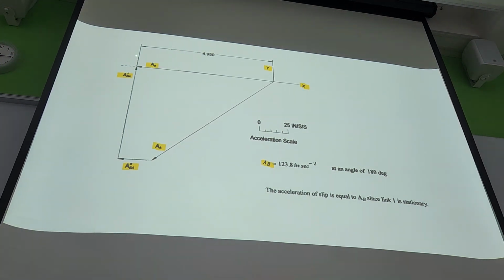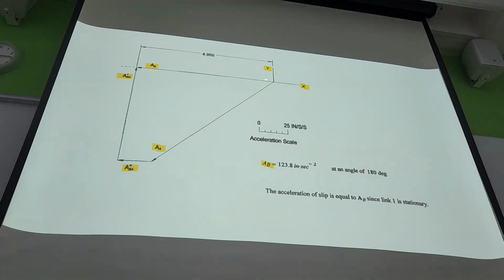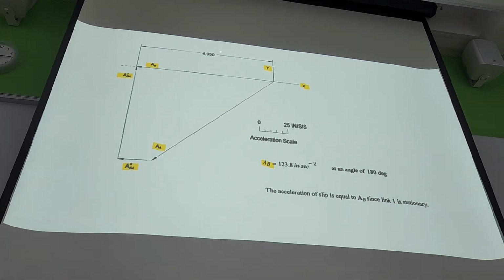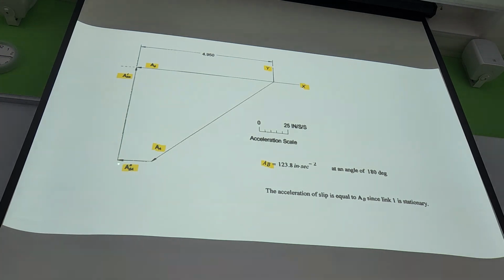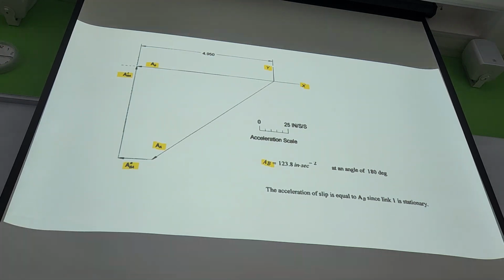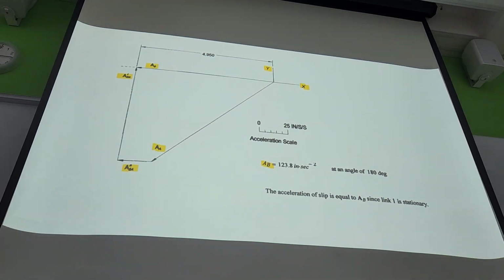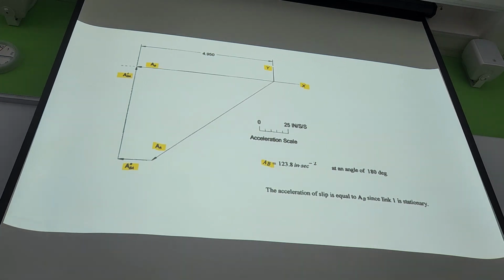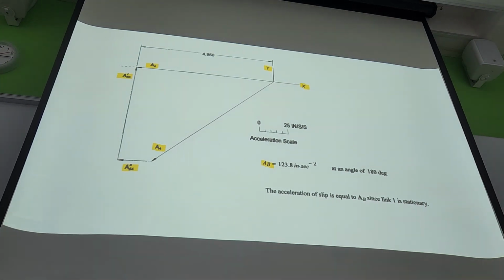These two lines intersect here, so now you can fix the point. This will be acceleration of B. From your scale factor you can measure. Then this will be BA tangent. You know both the magnitude and direction, so multiply with your scale factor and you will get the actual values.